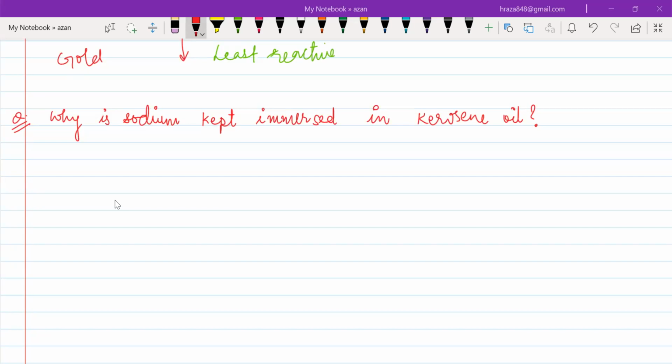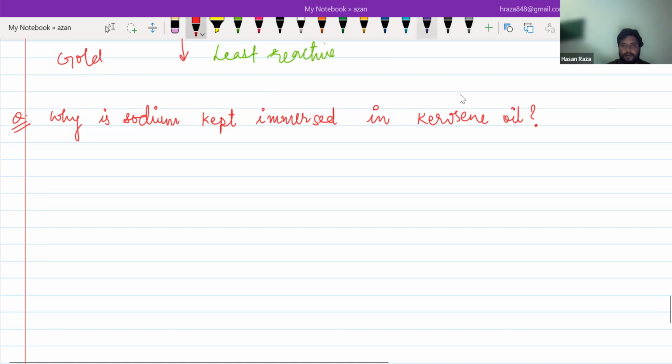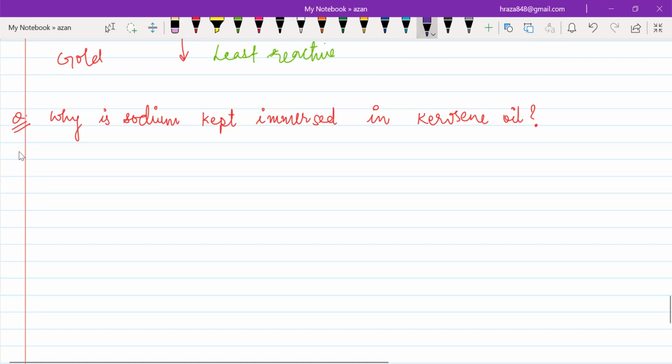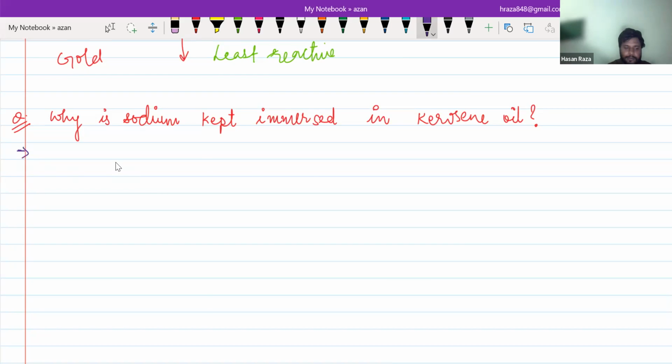Sir, because sodium is very reactive. Yes, what you just said, Azaan. Basically, sodium and potassium as well are so reactive, or react so vigorously, that they catch fire if kept in the open.